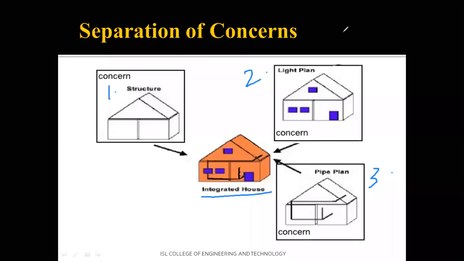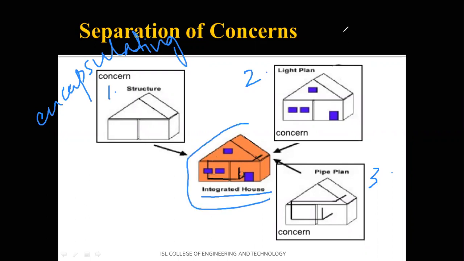So what you're doing is encapsulating all of these concerns from each other. Because if you give the person who is going to design the structure of the home the entire integrated house, it will be difficult for him to understand. Or if you give the same plan, with the lighting and everything, to all the people who are going to come and do this work, it will be difficult.